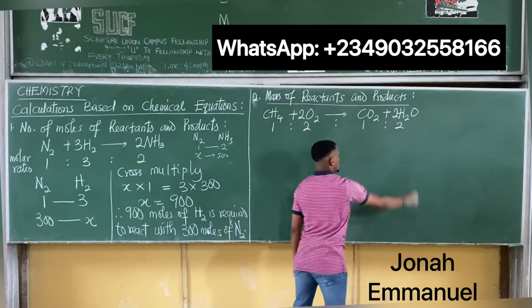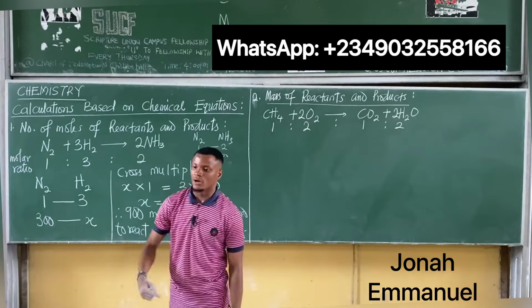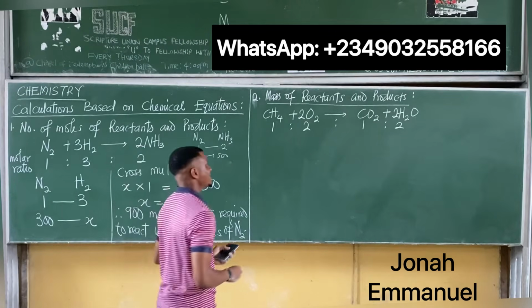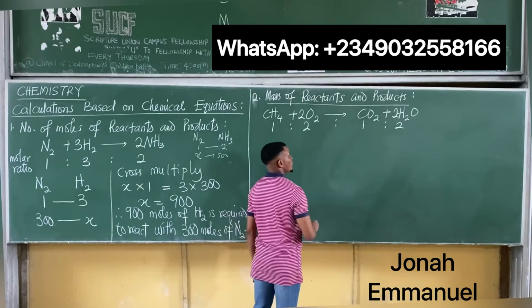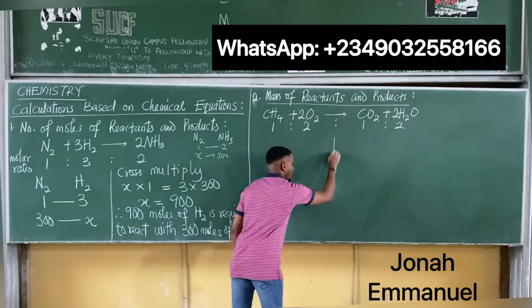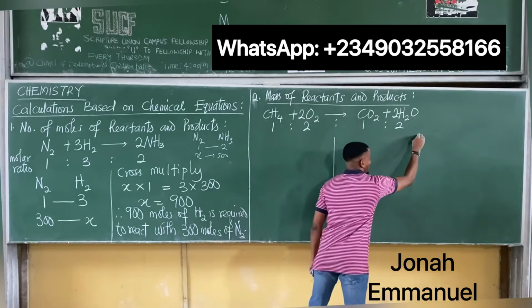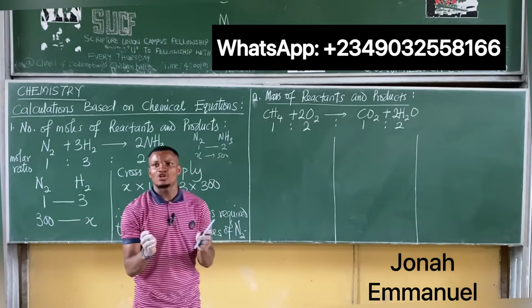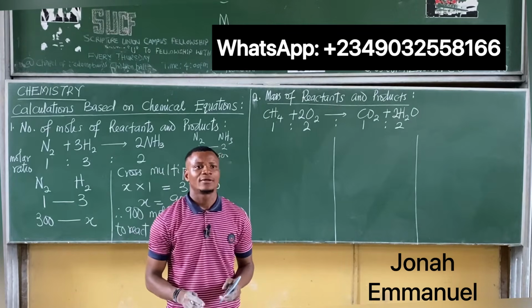My molar ratio is 1 to 2 to 2 to 1. That's my task. Next up, I said check. For every question, they will narrow your attention to two particular, perhaps one reactant or one product. Please check. In your question, what and what was considered?